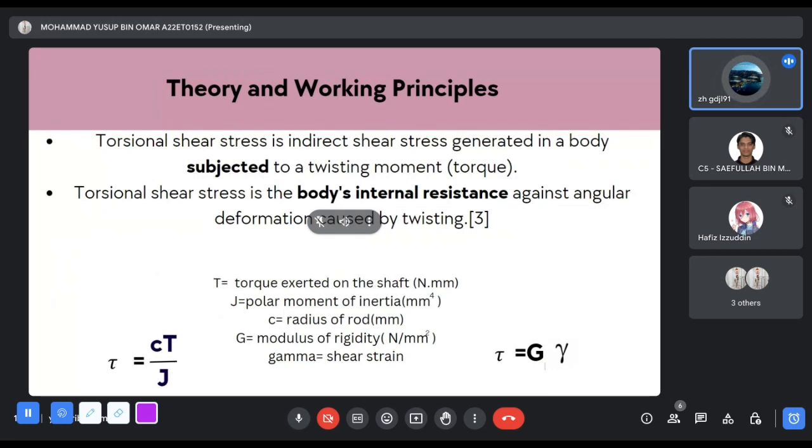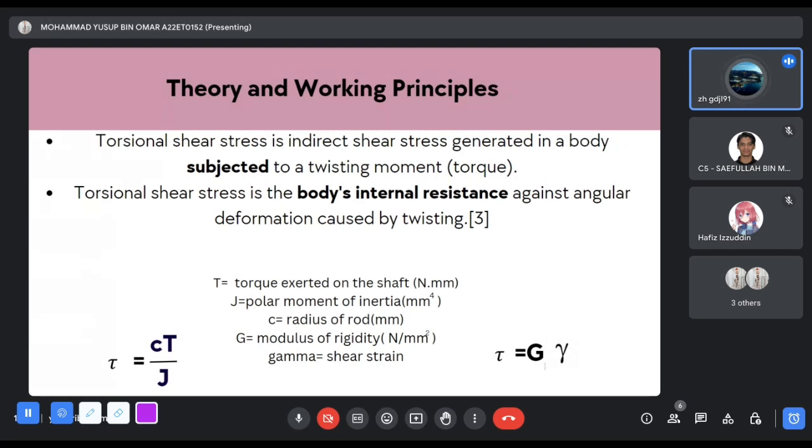Next. So what is torsional shear stress? Torsional shear stress is the shear stress generated in a body subjected to a twisting moment. In easy words, it is the body's internal resistance against angular deformation caused by twisting.